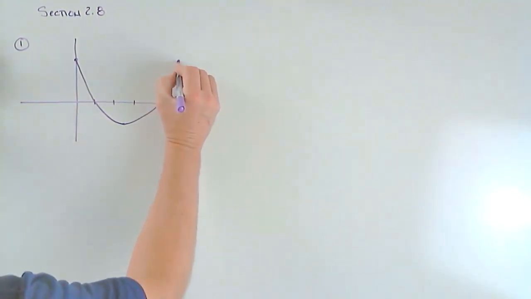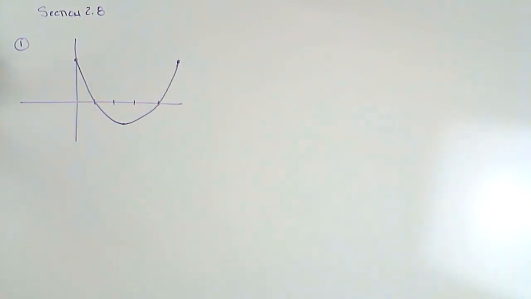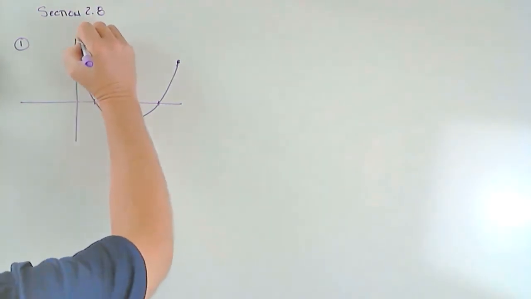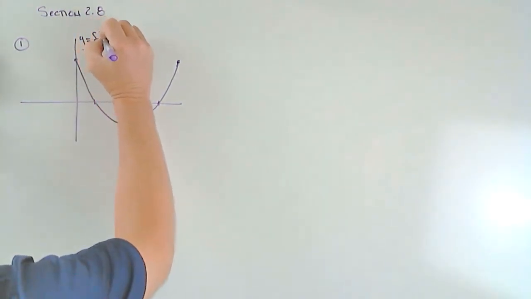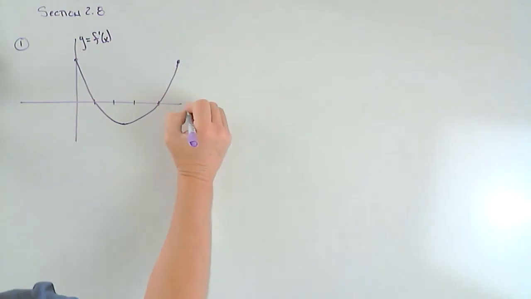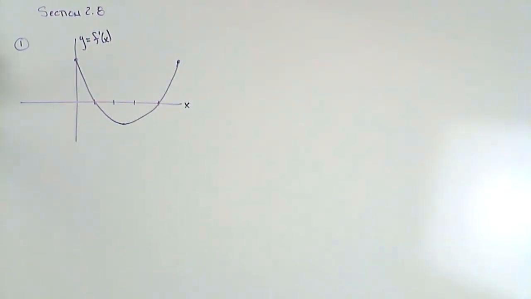Again, the graph of the derivative is shown. So our y value is the derivative, i.e. our y value is the slope of the tangent line to a curve f of x. We don't know the curve f of x. Right here, our y value is 0.